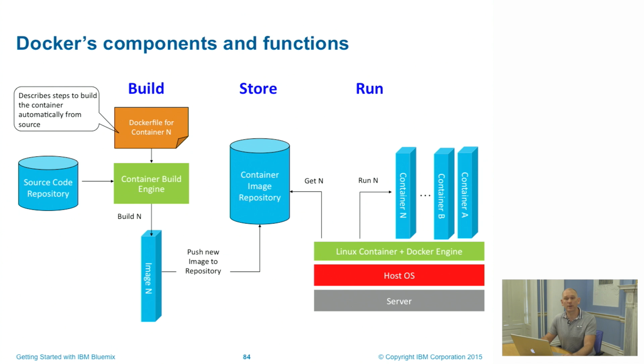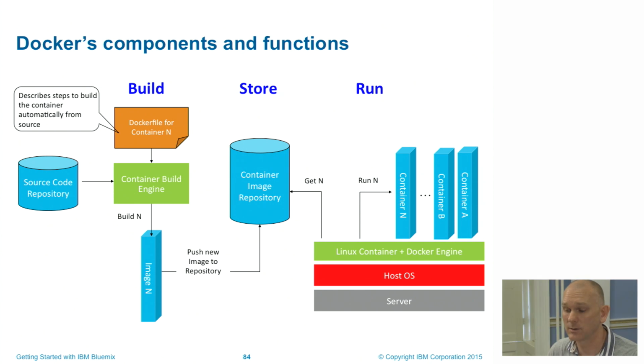When I look at how Docker works, I start off with a Docker file. This contains the instructions on how to build the container. It pulls from a repository. I can include files, I can include commands to run. It then generates an image, which is then stored in an image repository.